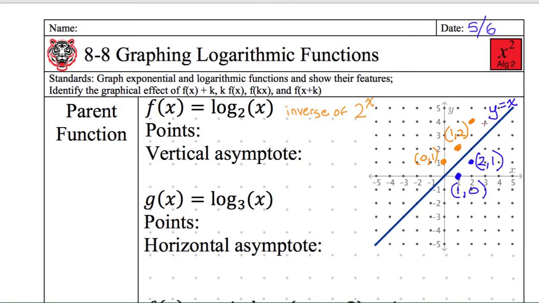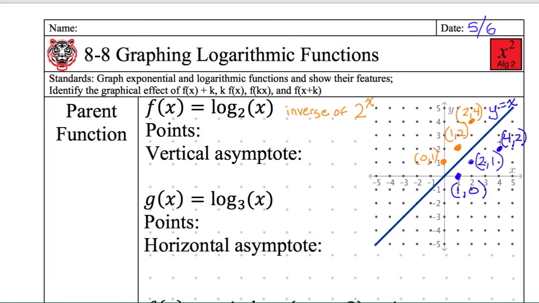Wait, that's how you get your points? You plug it into the inverse of the number? Yep. I'm plugging in 2. I plugged in 2 inside of this x, and I got out 4, and I graphed 2, 4. And then I'm going to take the inverse of that by reflecting it over here, so it's going to be 4, 2. 4, 2 is right there.